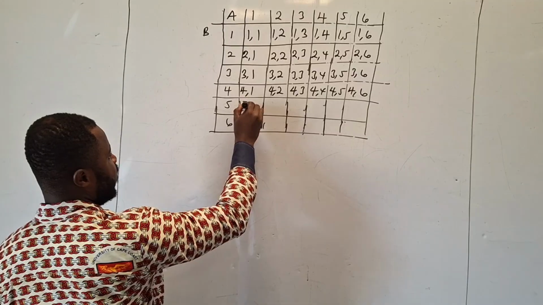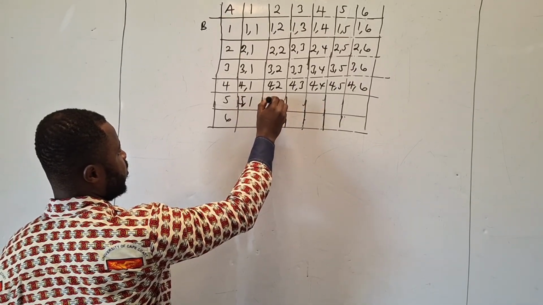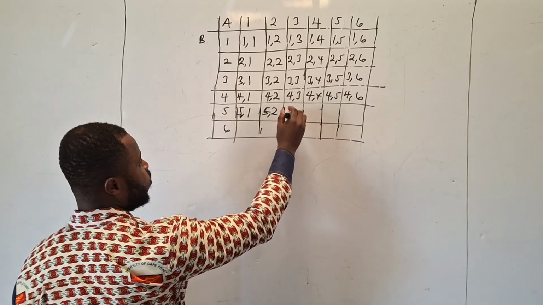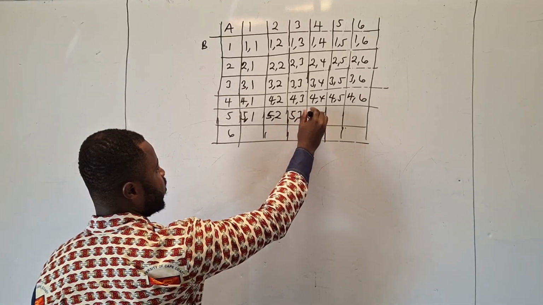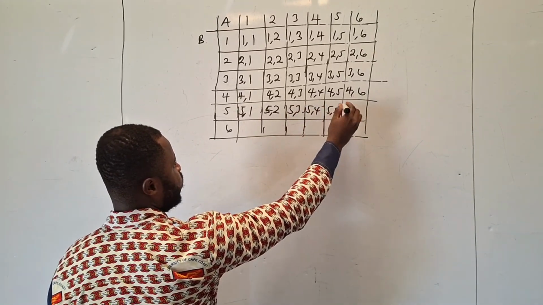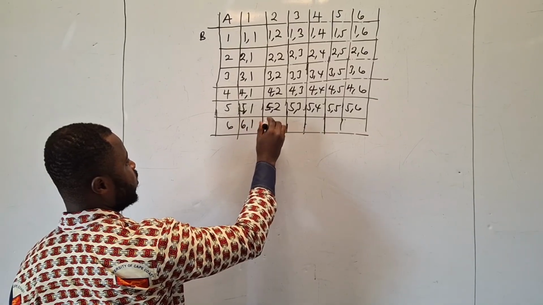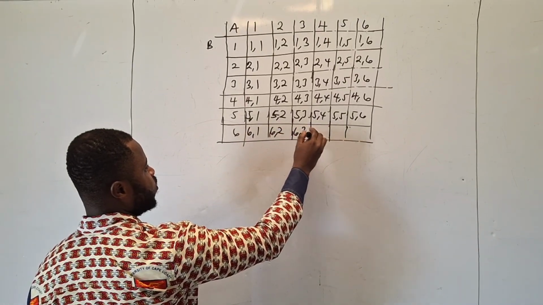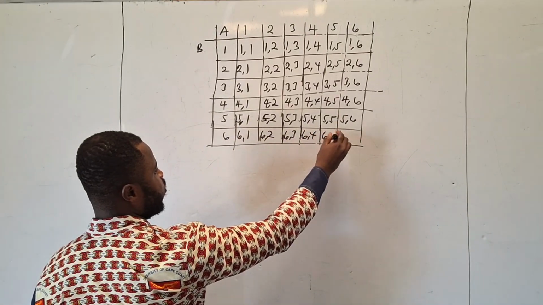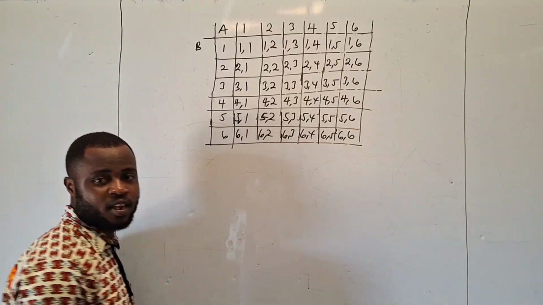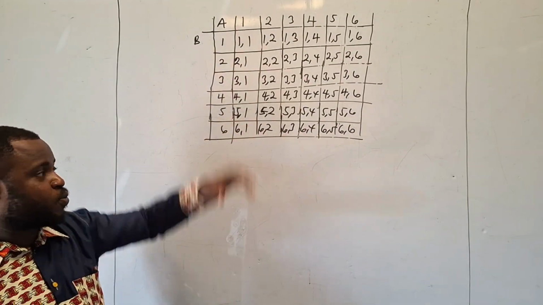We can get 5, 1, 5, 2, 5, 3, 5, 4, 5, 5, 5, 6. We can get 6, 1, 6, 2, 6, 3, 6, 4, 6, 5, and 6, 6. So these are the possible outcomes.